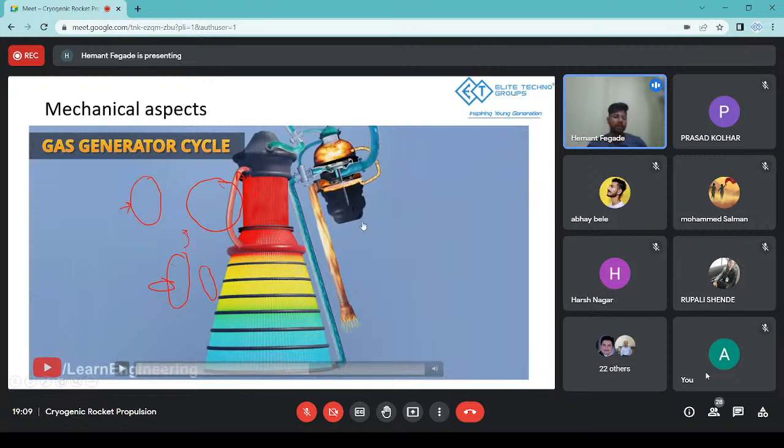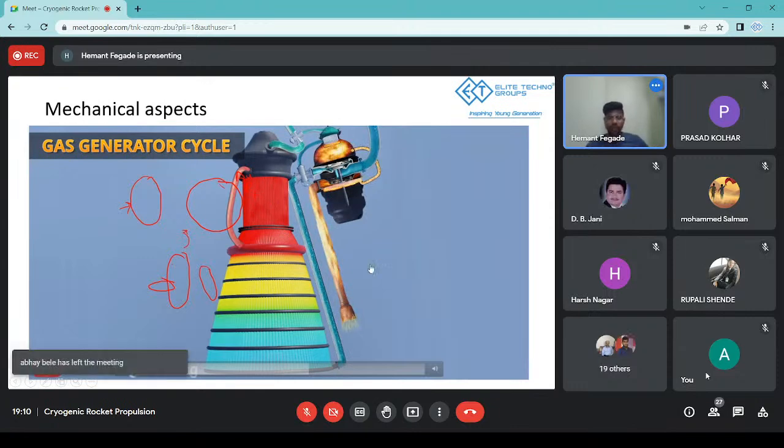Now this becomes an independent system because you're losing some amount of fuel, but that same fuel is not controlling the flow of the liquid hydrogen going into the chamber. It is a separate system. So once you separate these two, you are still losing fuel, but you are maintaining control over this auxiliary system.